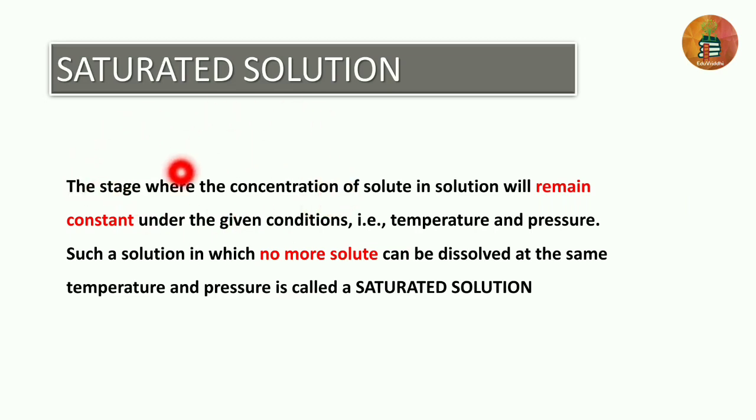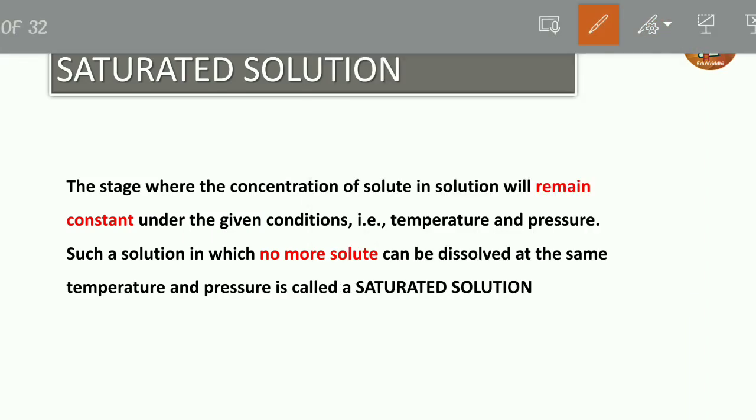This definition can be understood like this. Here it's given that the stage where the concentration of solute in a solution will remain constant, because up to a certain stage you can dissolve the solute in the solvent, but after reaching the saturated stage you cannot further dissolve any solute in that solvent. So we can tell that at that stage the concentration of solute in any solution will remain constant.